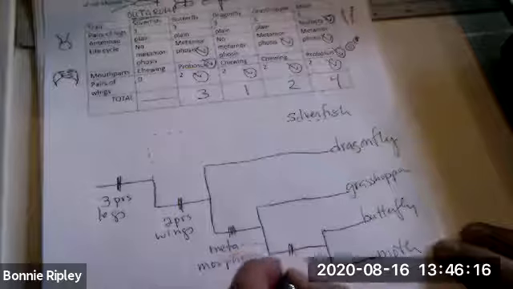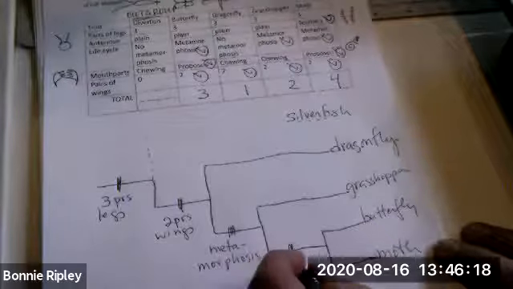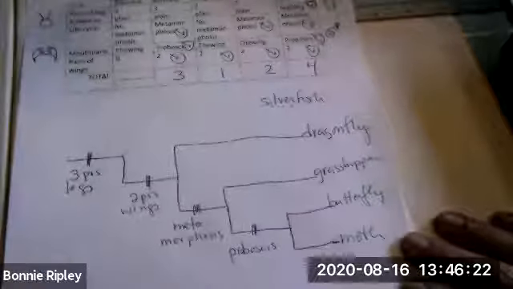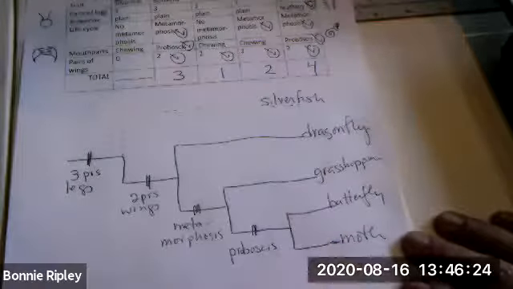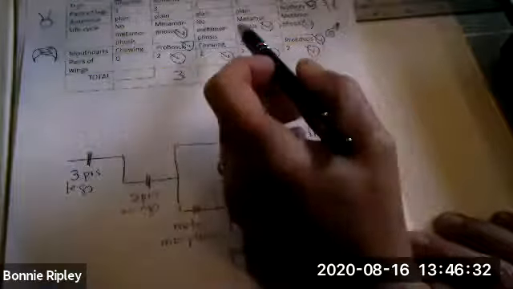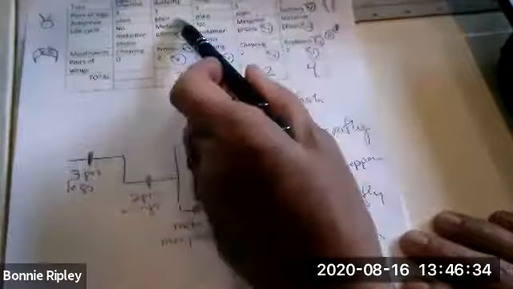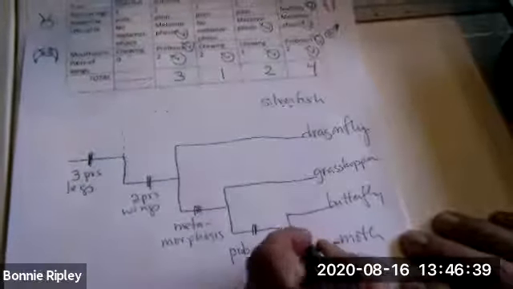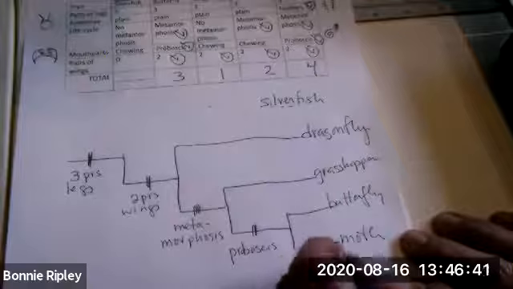Put that on here. All right, now can we tell butterfly from moth? If there's a characteristic that distinguishes one from the other, we want to add that on here too. And we're going to look at their table and we're going to see that the difference between them is plain versus feathery antennae. So we're going to put feathery antennae on here.